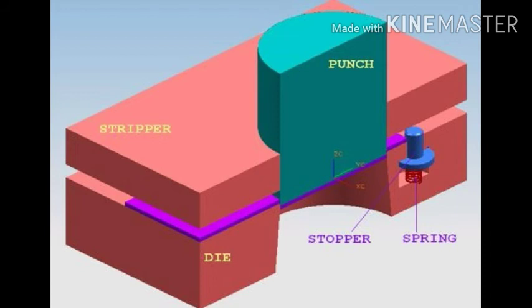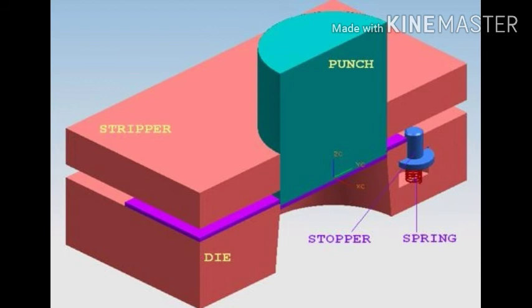The blank is pushed into the die. On completion of the cutting operation, the punch is withdrawn from the die, but the stock around the punch, the strip, cannot be fed forward unless it is free from the punch.